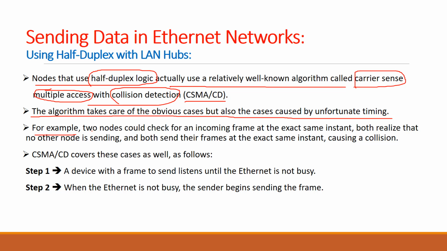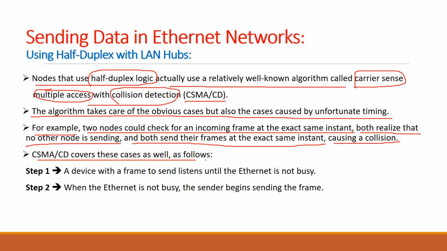For example, two nodes could check for an incoming frame at the exact same instant. Both realize that no other node is sending, and both send their frames at the same exact instant, causing a collision. So CSMA/CD covers these cases as well, as follows.